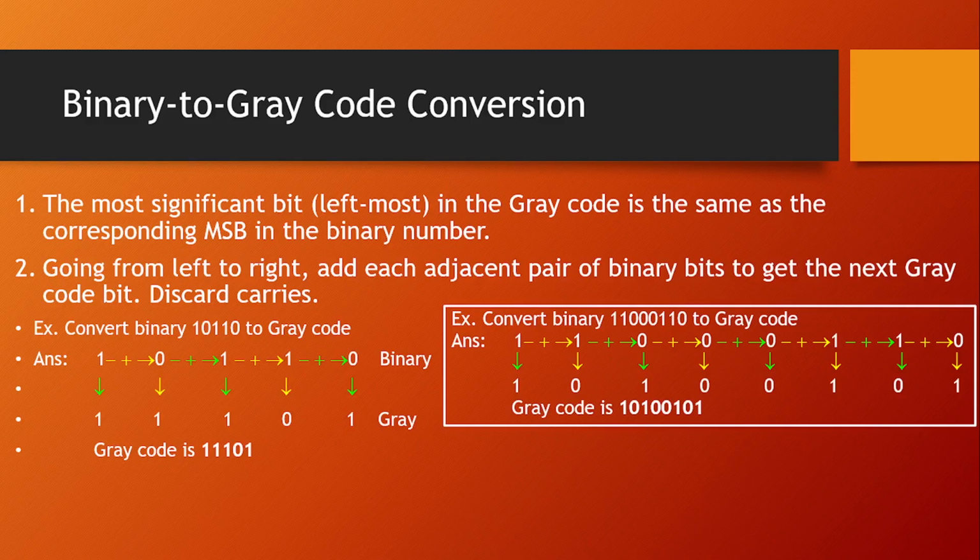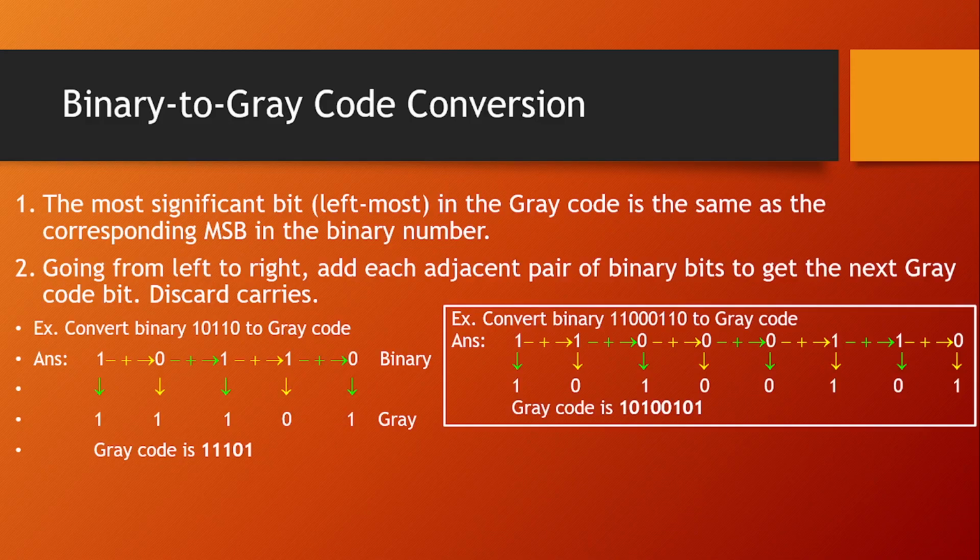So we have to start from left and add the adjacent binary digits, and put the sum only. Going from left to right, add each adjacent pair of binary bits to get the next gray code bit, which is the sum bit. Discard the carry. So this is the idea.